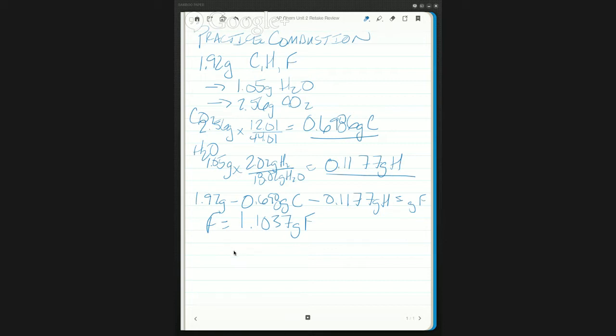At this point we need to know how many moles we have of each one. So we would do 0.6986 grams of carbon divided by 12.01 grams per mole of carbon. I should give the full unit so it's more obvious.